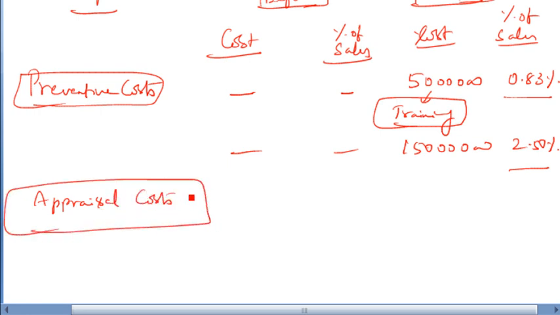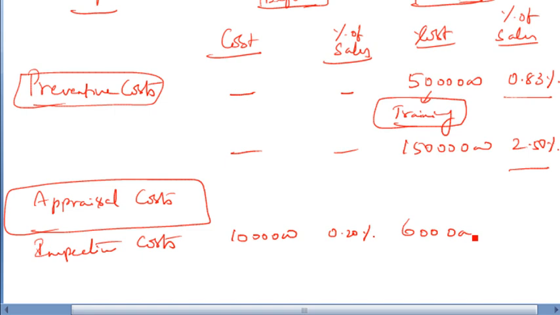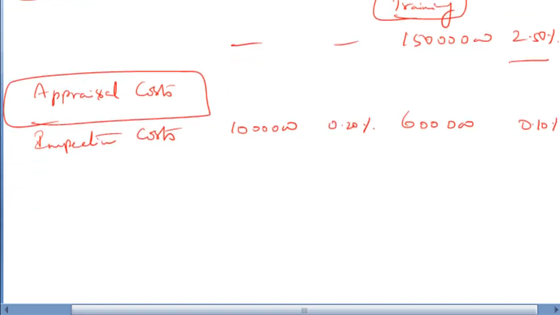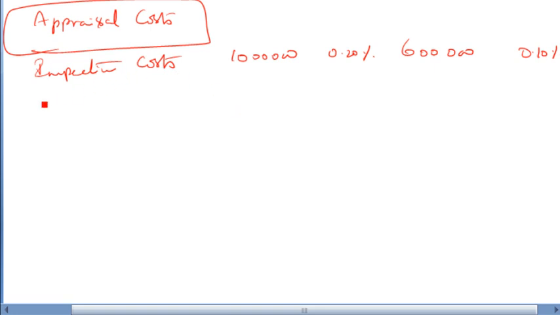Okay, after preventive cost, next one is appraisal costs. So what about appraisal cost? Earlier you had only one cost, that is inspection cost, isn't it, under appraisal. So what was the inspection cost earlier? It was 10 lakhs, which was forming around 0.20% of sales. And now he said that it will be reduced to 6 lakhs, which will form around 0.10% of sales, right? Then what else?